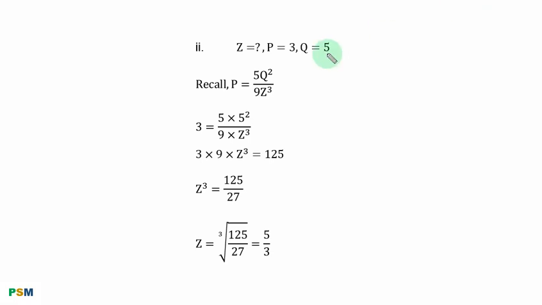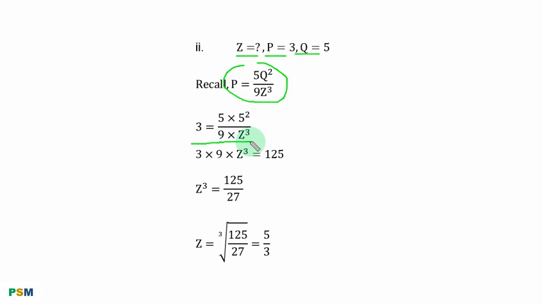Roman figure 2, find Z when P is equal to 3, Q is equal to 5. You recall the relationship connecting the 3 variables. You replace P and Q with what they stand for.